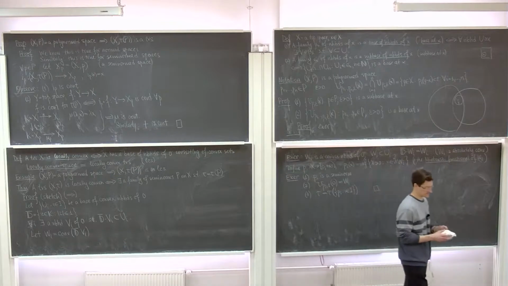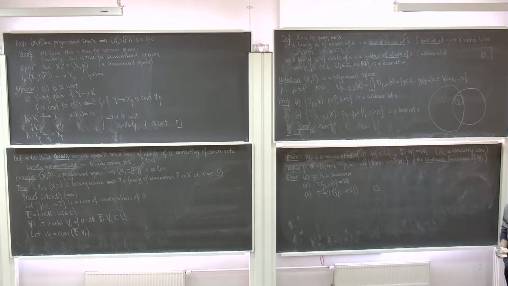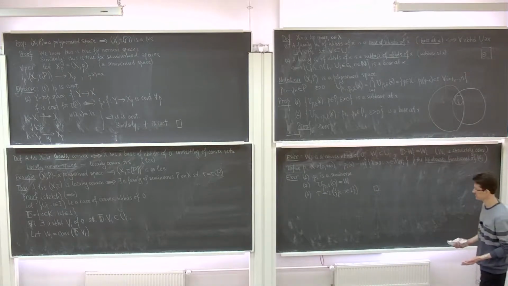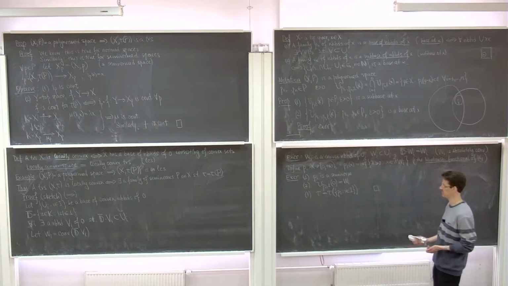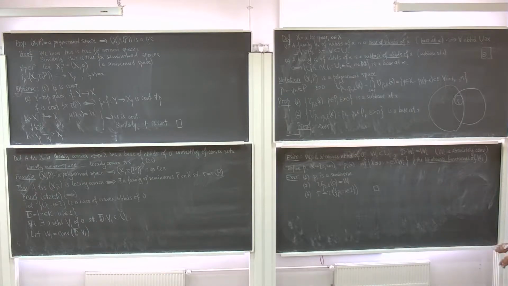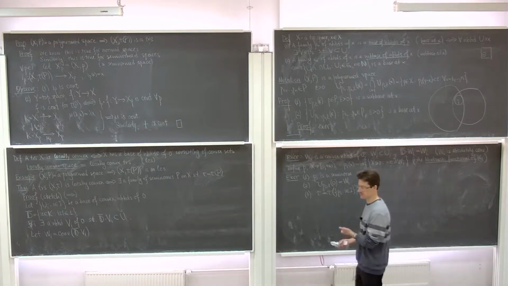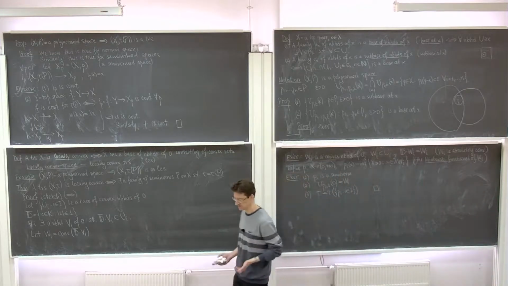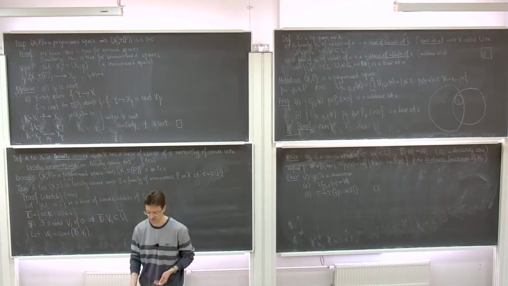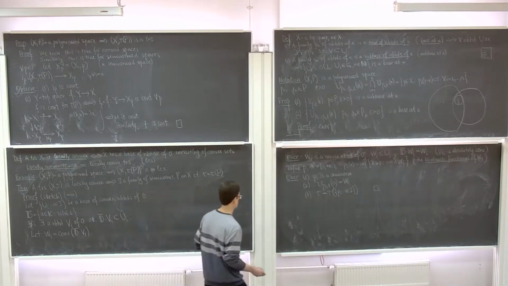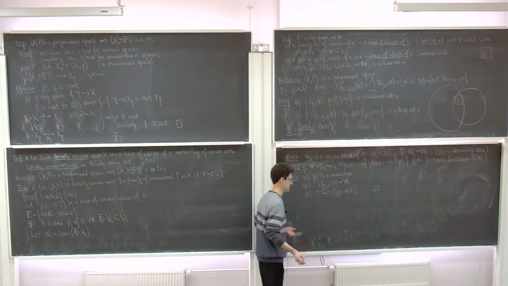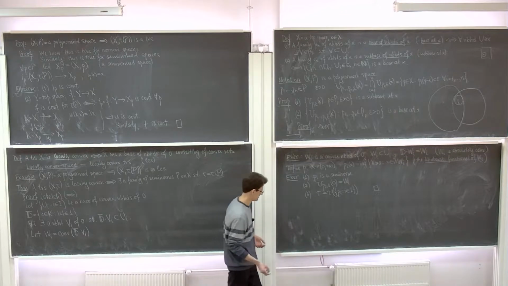So we see that each seminormed space becomes a locally convex space for the canonical topology generated by a family of seminorms. And conversely, each locally convex space is seminormable in this sense. So its topology can be generated by a family of seminorms. And of course, there can be many different families generating the same topology.